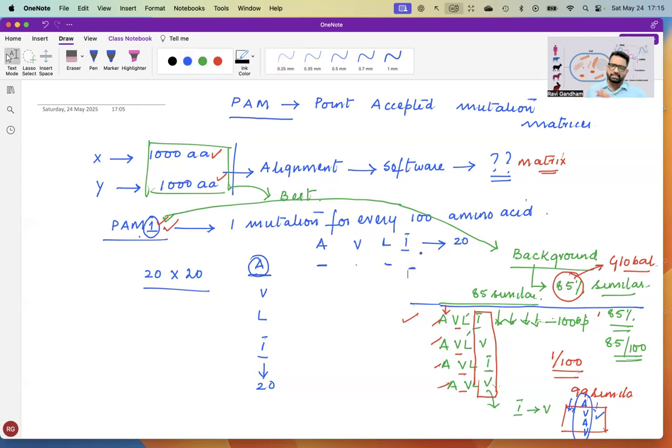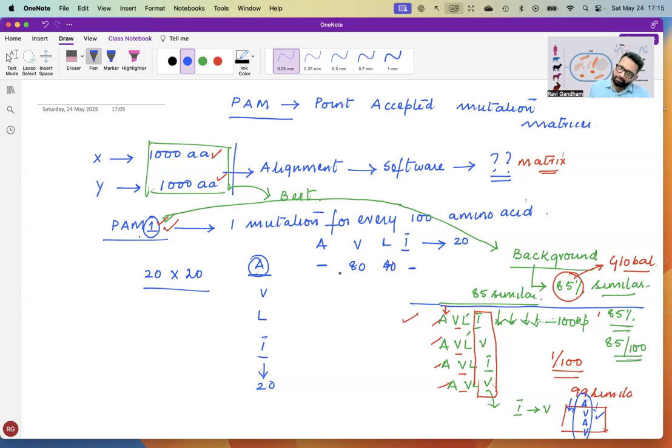Let us assume some arbitrary values. We'll assume that the probability that alanine gets substituted with valine is 80%, and the probability that alanine gets substituted with lysine is only 40%.